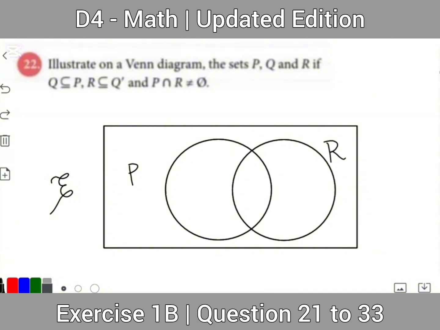So it means the circle of the set Q will only lie inside the set P's circle. So the circle inside the set P's circle represents the set Q. So this is the illustration of the Venn diagram for the conditions given in the question.